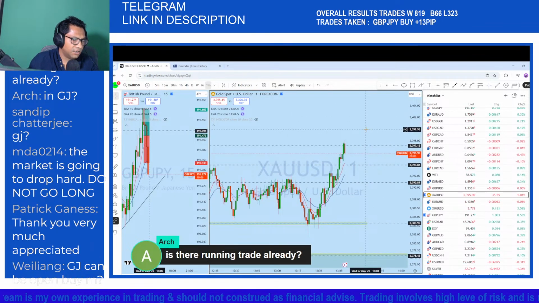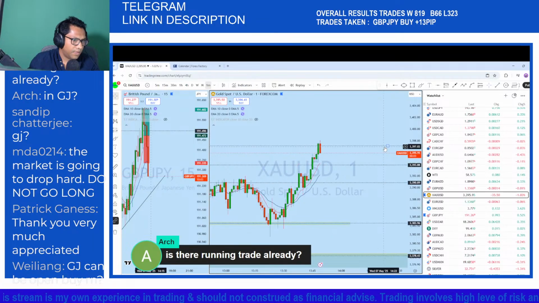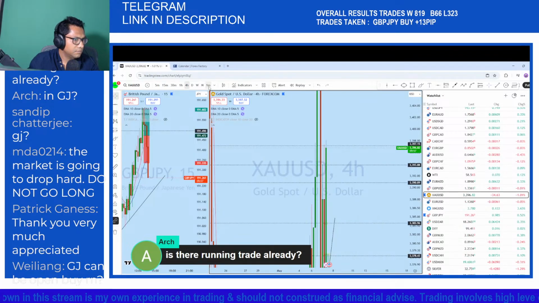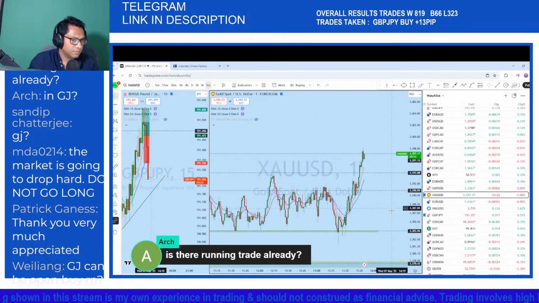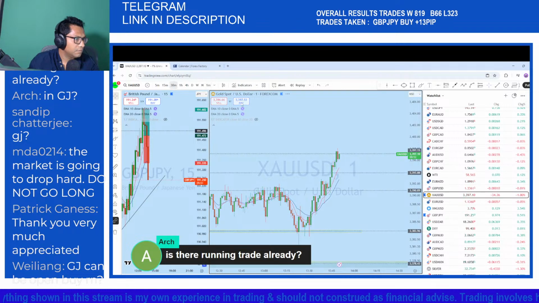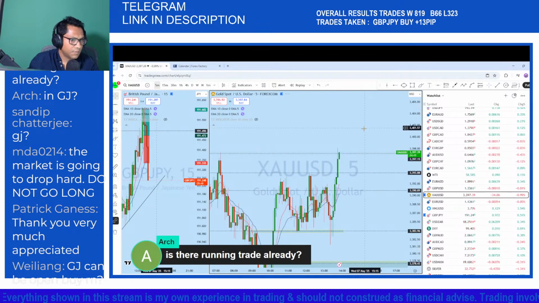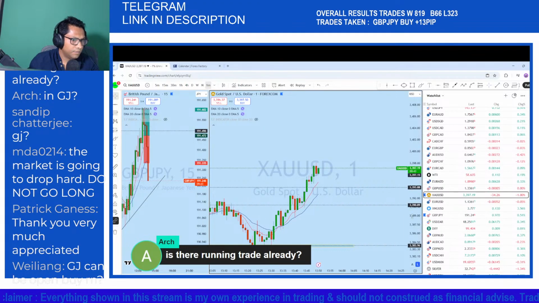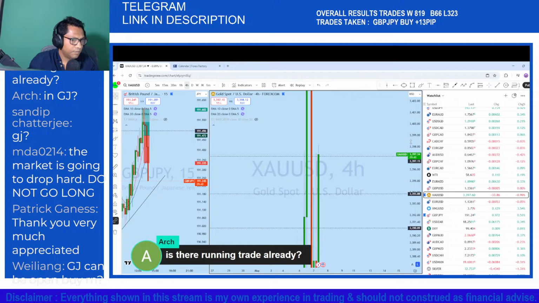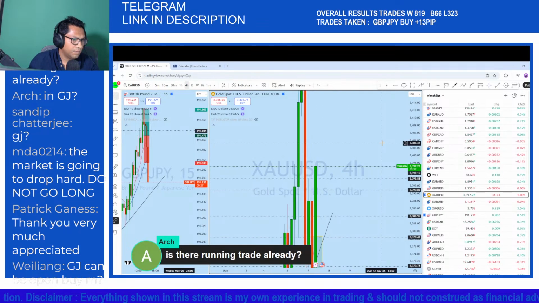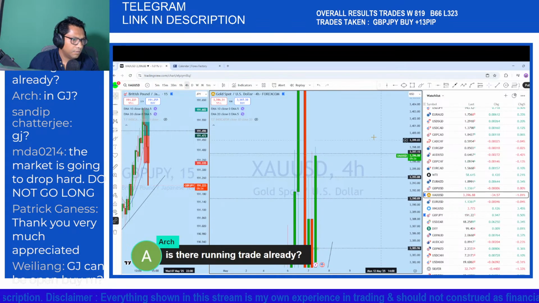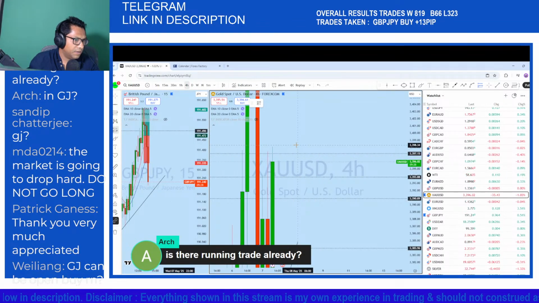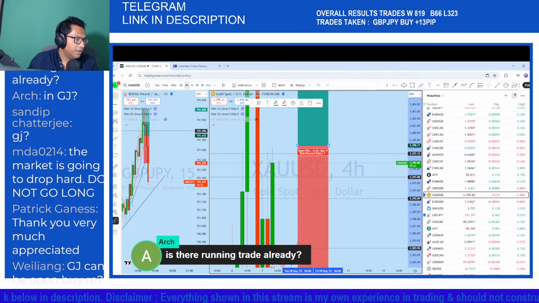This is the 1 minute chart, and so here I'll be looking to place a buy stop above the high, above the 4-hour high.